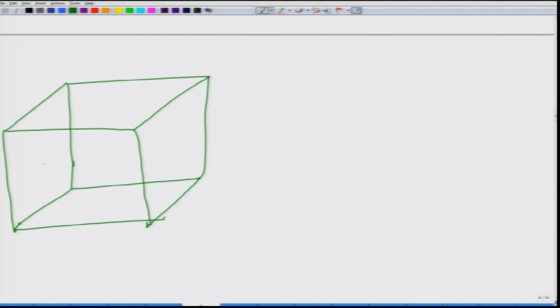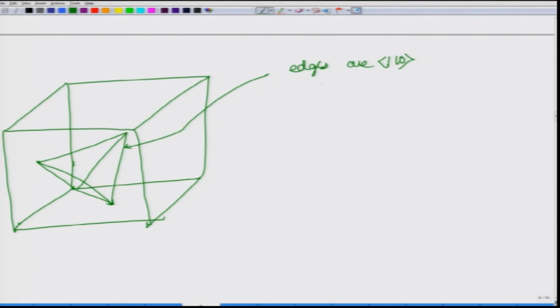So, here if you connect these atoms, which are the phase center over here, with the one over here like this, what you get is a tetrahedron, and you would be able to see that the edges here are 110 and the planes here are 111, and this is called Thomson's tetrahedron.